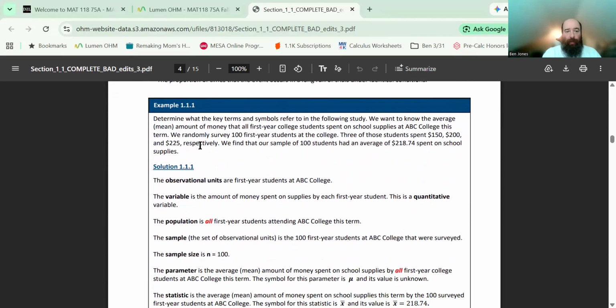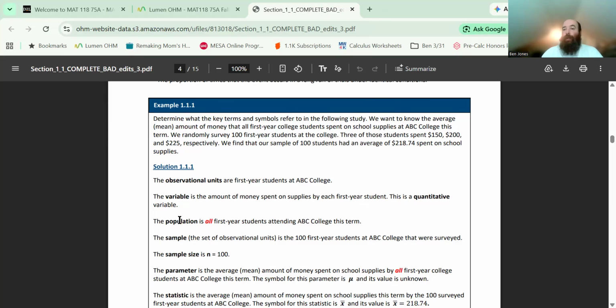All right, so here is our example. We want to know the average amount of money that all first-year college students spend on school supplies at a certain college. Let's start with the population. The population usually contains the word all.